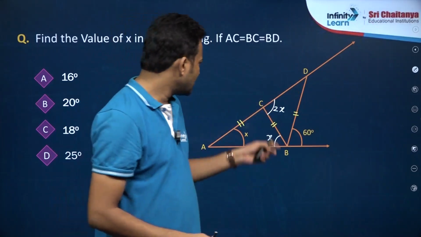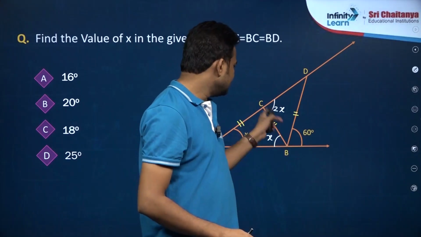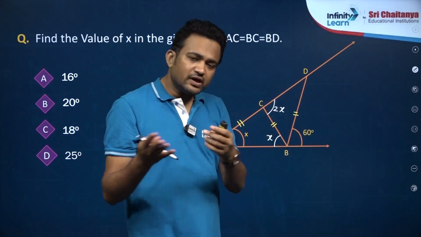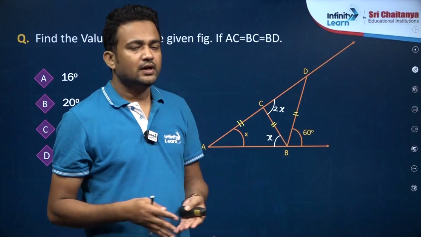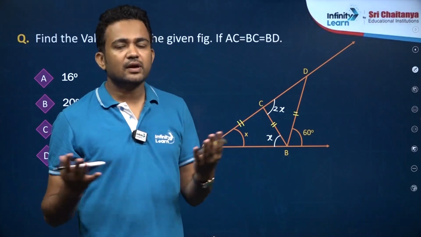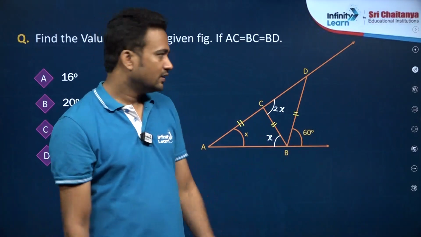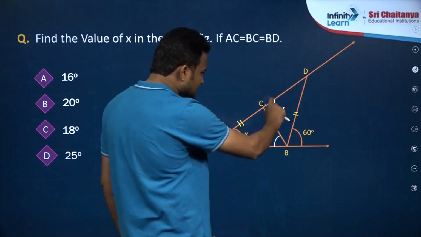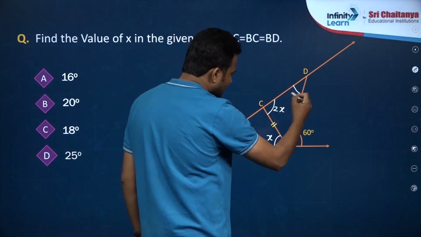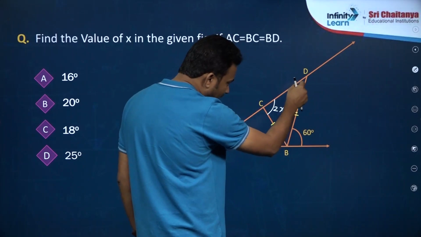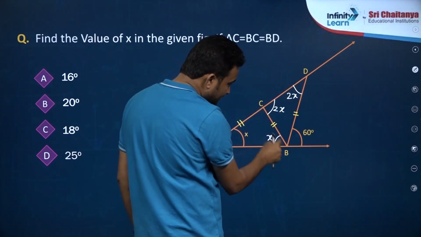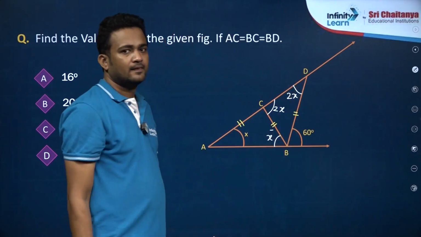In this triangle, sides CB and BD are the same. So again we can use the property. Which property? In any triangle, if two sides are equal, then their opposite angles must be equal, right? Yeah. So if this is 2x, then obviously this measurement will be 2x, because this is the opposite angle of side CB, which is equal to BD.